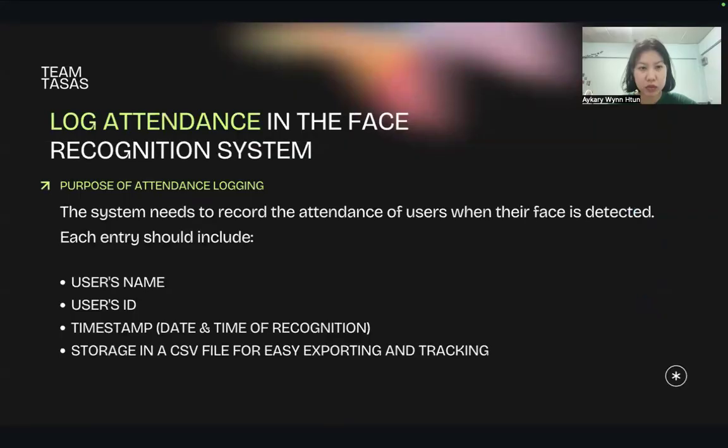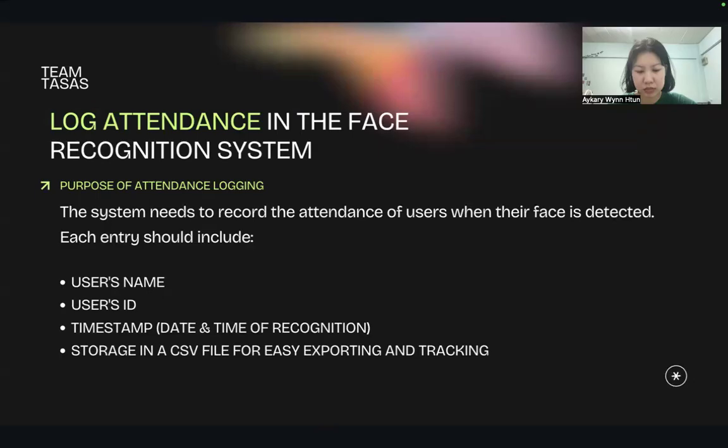In my talk, I'm going to discuss how our system logs attendance using face recognition technology and why it is essential for accurate record keeping. So, the purpose of attendance logging: the main goal of our attendance logging system is to automatically record when a user is recognized by the face detection module.